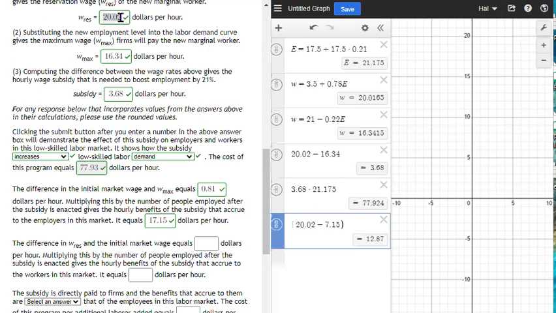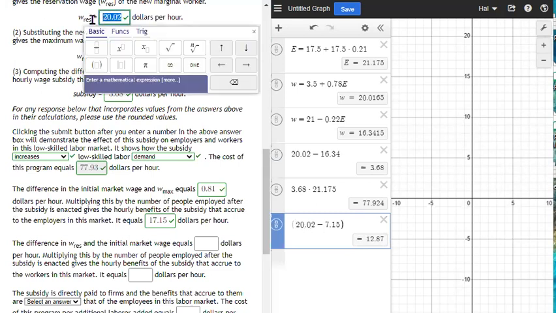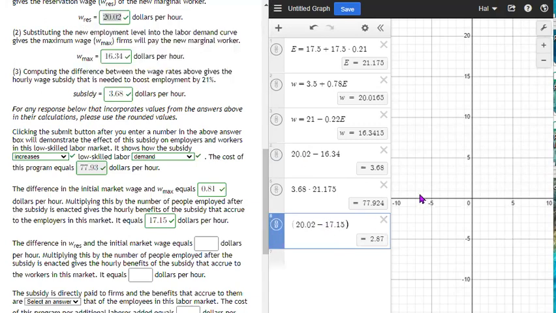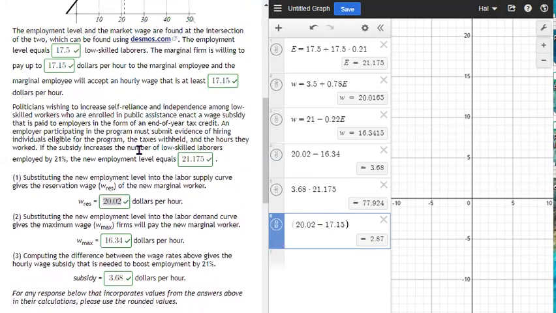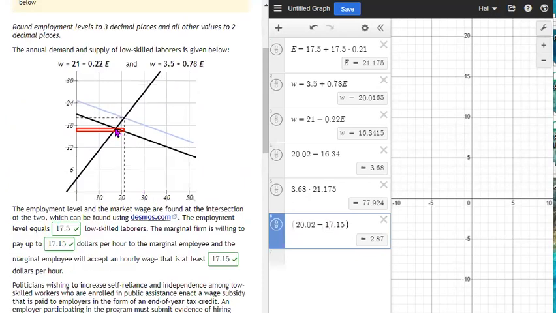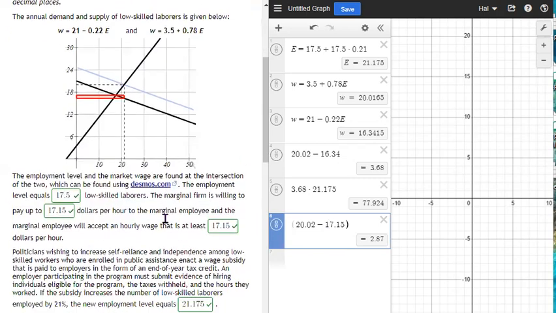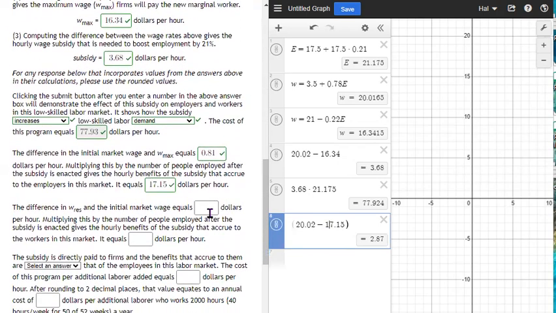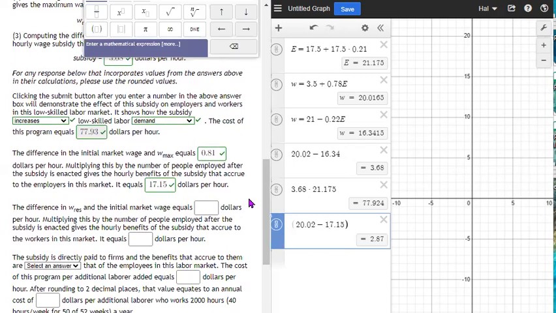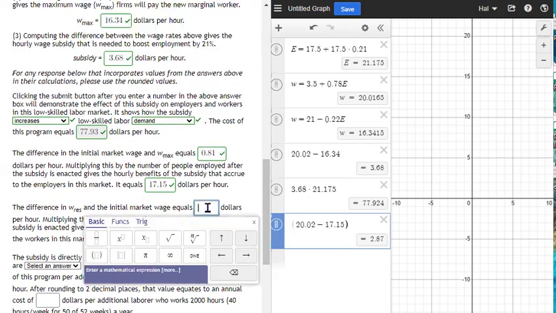So $20.02 is the new wage that the workers are being paid minus the initial equilibrium wage, which is $17.15, right? So initially, again, they're being paid $17.15. Now they're being paid, after the subsidy is paid to the employers, a total of $20.02 an hour, right? So on a per hour basis, each employee receives $2.87.